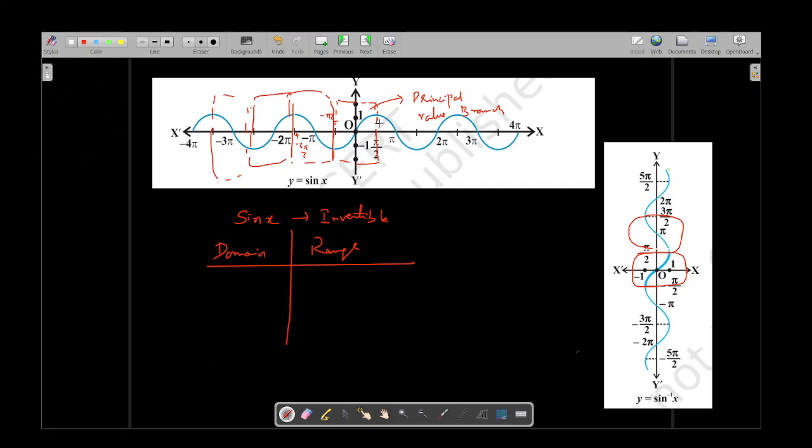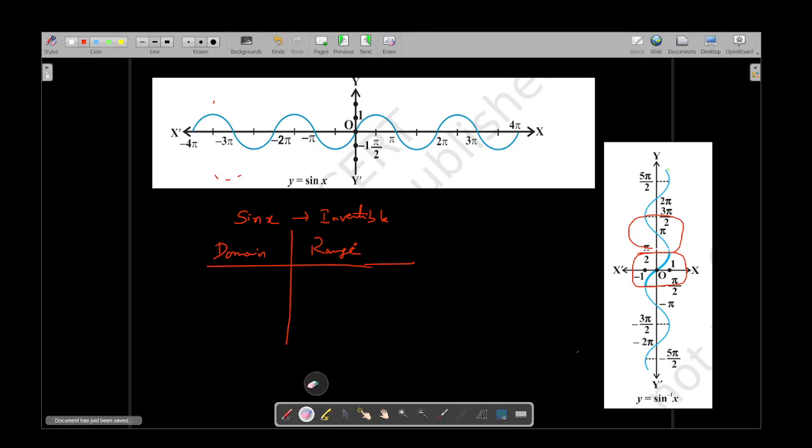The domain for the sine wave, the principal branch domain, is from minus pi by 2 to pi by 2, and the range is always minus 1 to 1. The y value is minus 1 to 1.